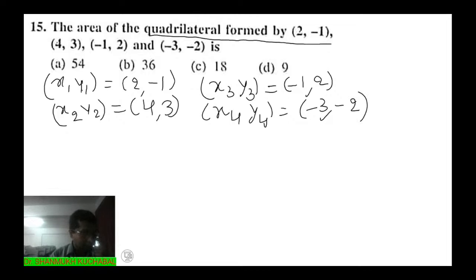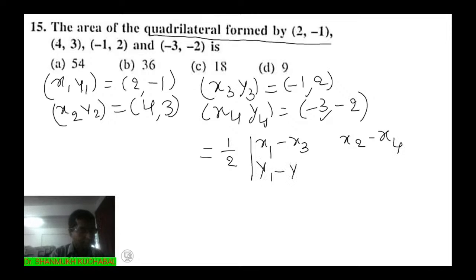Then the area of the quadrilateral ABCD is given by 1 by 2 times the determinant of (x1 minus x3, x2 minus x4) over (y1 minus y3, y2 minus y4). For your understanding, I have written x1, x2 like this.